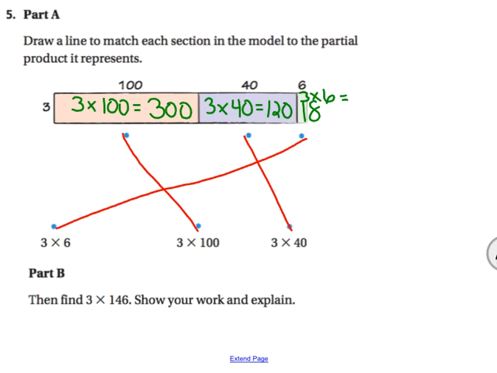They just want you to find out what the product is. So basically, if the area model is already set up for us and we already took the time to do the work up above, we could just copy that area model into part B and we can add up all the products of each part, right?